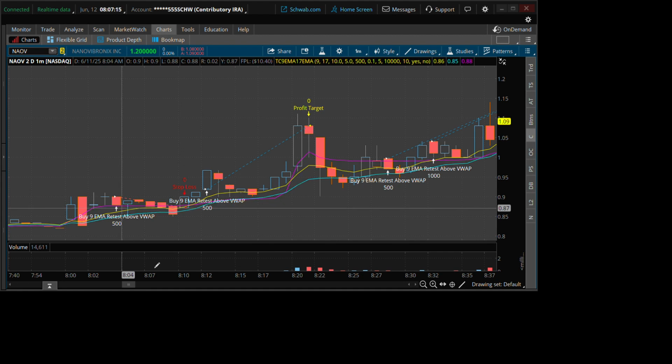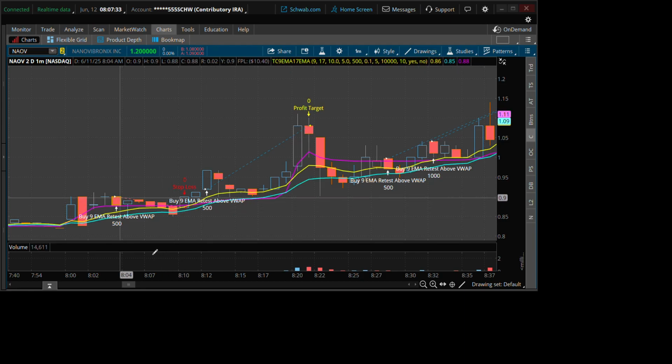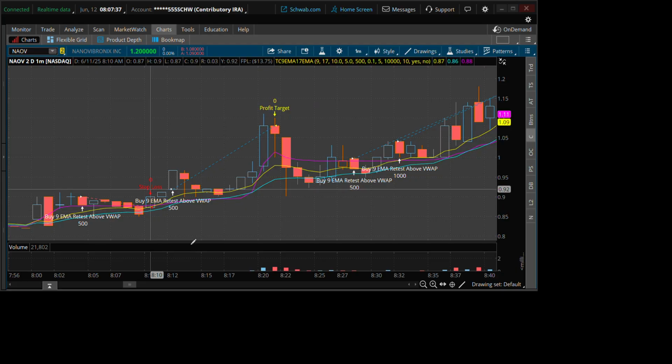I think that buying and doing all your trading above VWAP is a sign of strength. So this buy signal came in because price action broke above and closed above the 9 and VWAP. And as you can see, as price went down to my stop loss, it gave me a stop loss sell order.